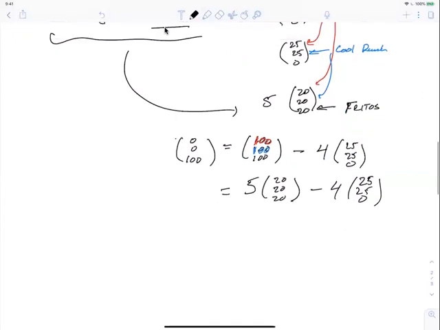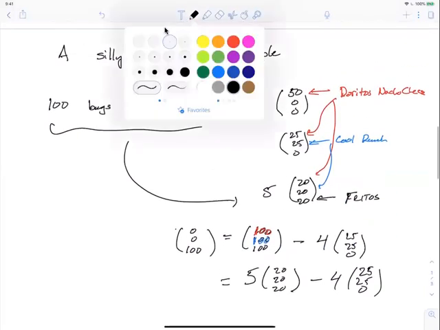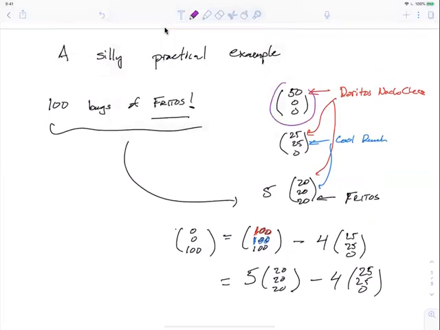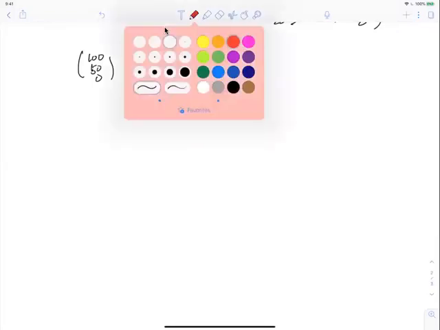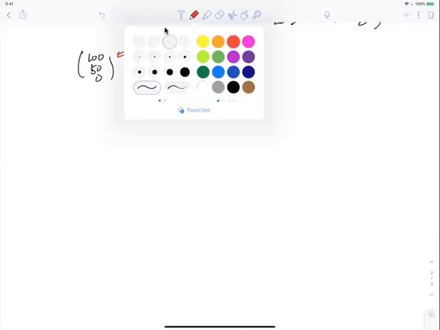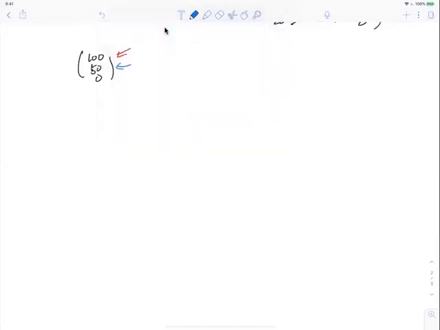But the main point is that this right here forms a basis. This forms a basis for R3. So if you come up with any combination of chips that you want among nacho cheese, Cool Ranch, and Fritos, you tell me which ones you want.